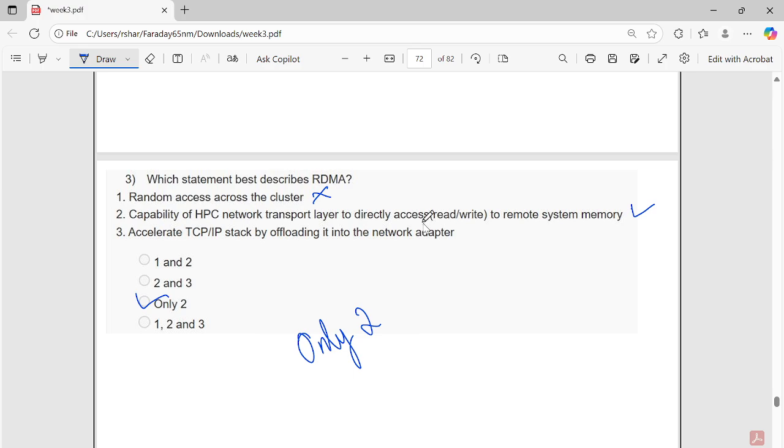And it is not for accelerating the TCP/IP stack by offloading to the network adapters. That is describing technologies like TOE, TCP offload engine, but not RDMA itself. So this is also not correct. So only two.